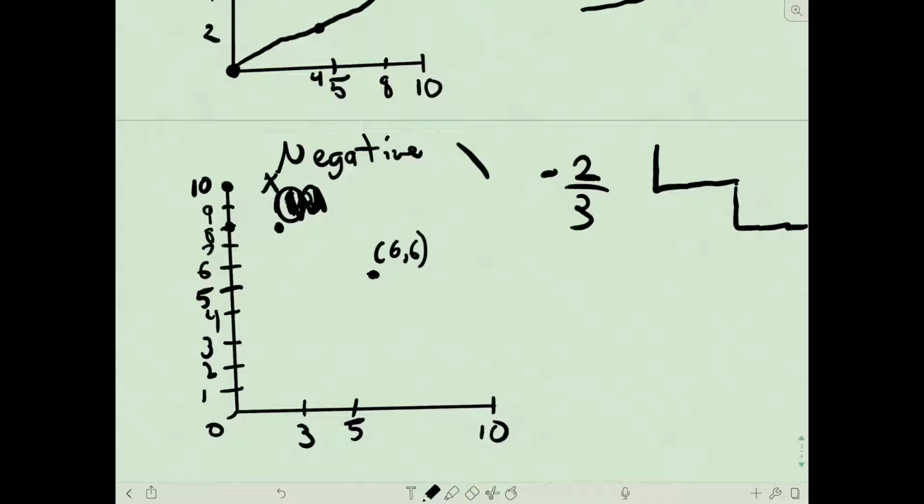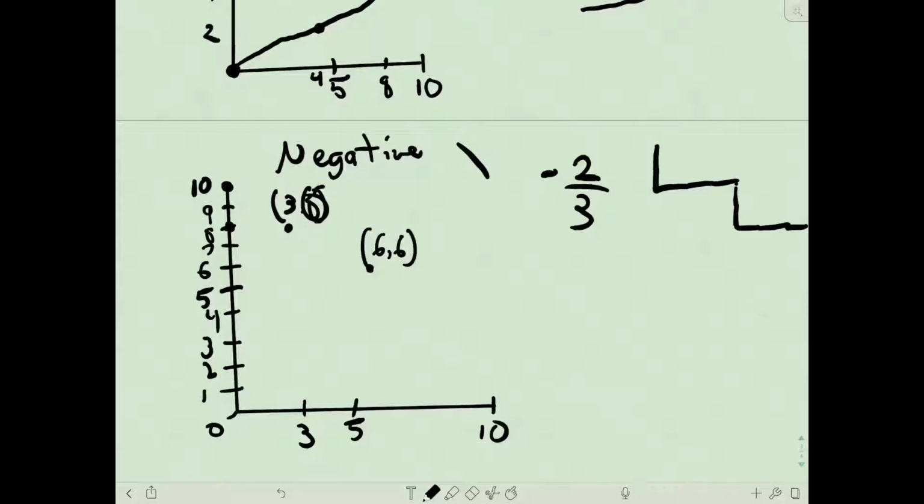Sorry, I did that backwards. I did that completely backwards. So it's 3, 8. Okay, that's better. And this one is still 6, 6. Okay, that's better.